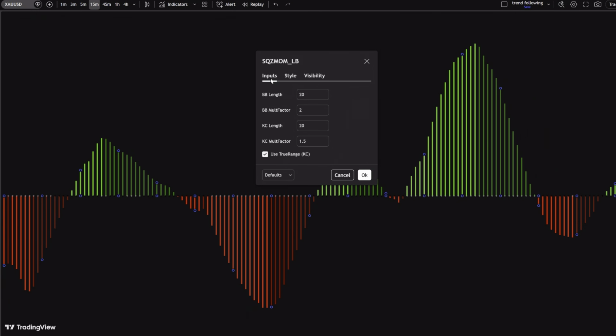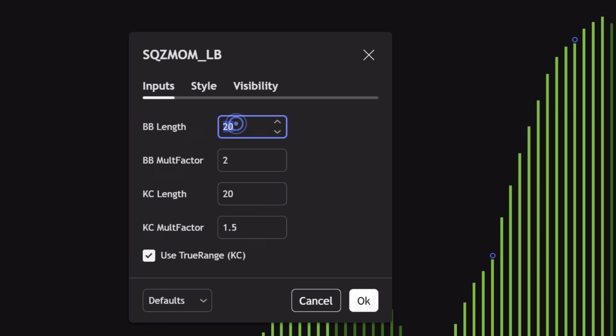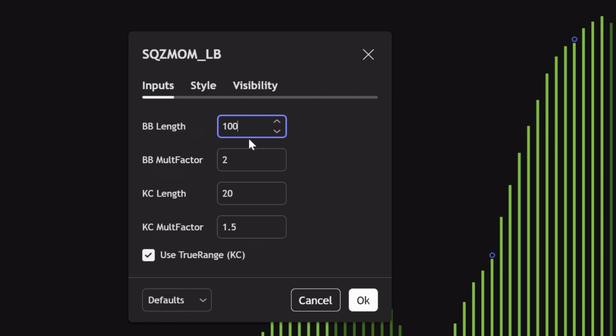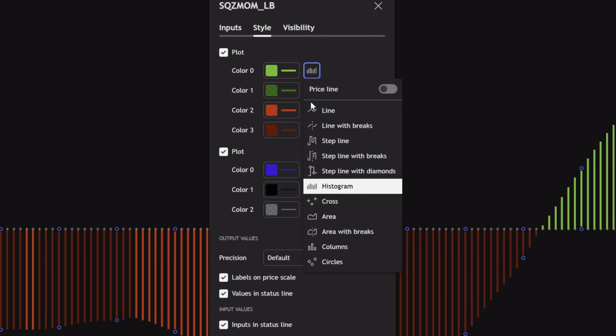BB length 100. Multiplier 2. KC length 100. Multiplier 2.5. And histogram colors green, white, red, and white. This is it for the tools.